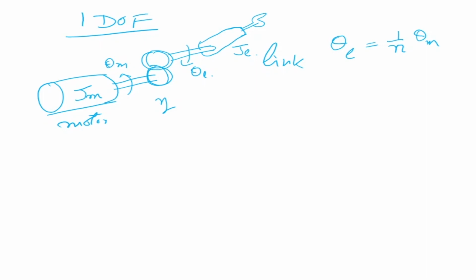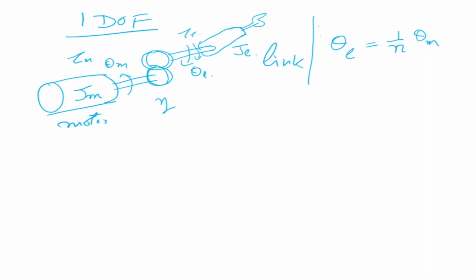The motor torque is tau m, and the torque on the other side is tau L. N is a reduction gearbox.